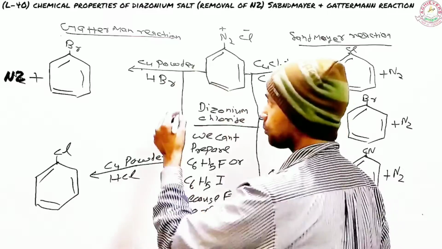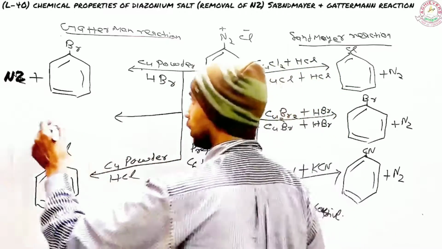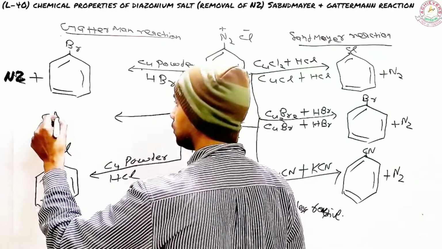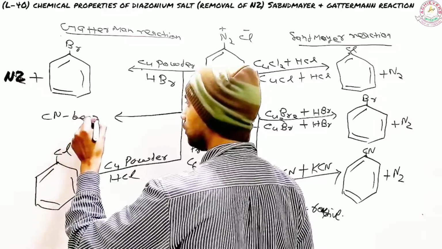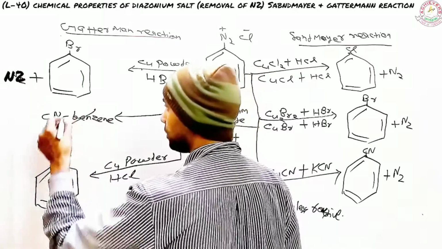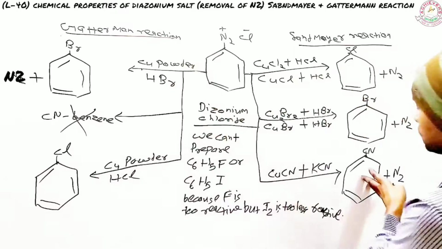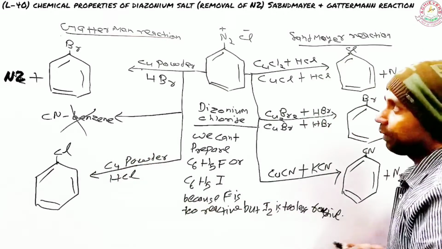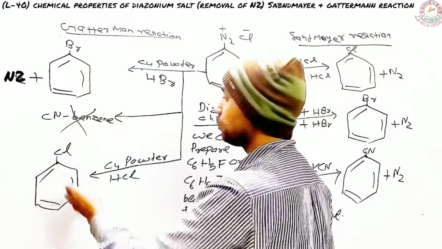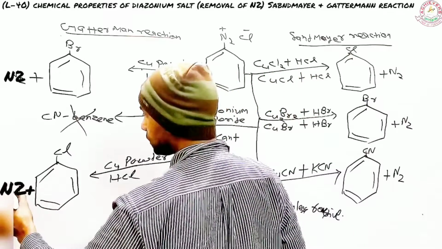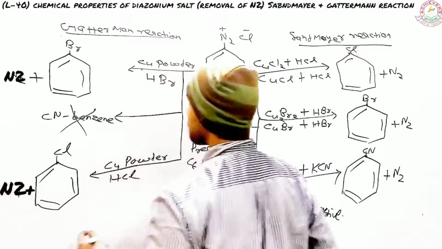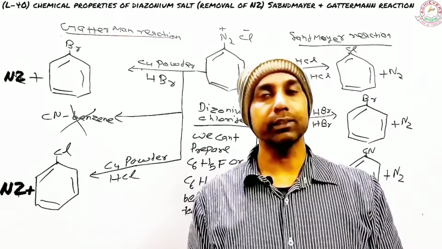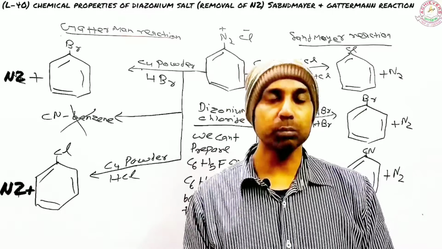But we cannot produce cyanobenzene. We can produce cyanobenzene by the Sandmeyer reaction, but not by the Gattermann reaction. So by the Gattermann reaction we can produce either bromobenzene or chlorobenzene, and in both cases nitrogen comes out, which is why all these reactions fall into the category where diazonium salt removes nitrogen gas.